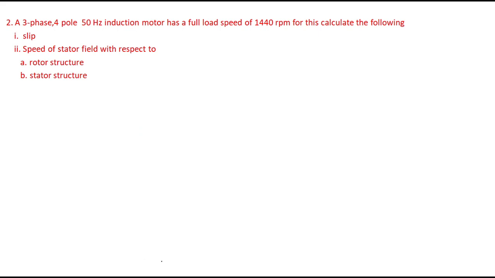Next, the second problem. A three-phase two-pole 50 Hz induction motor has a full load speed of 2850 rpm. For this, calculate the first point, slip, and the second point, the speed of the stator field with respect to the rotor structure and stator structure.